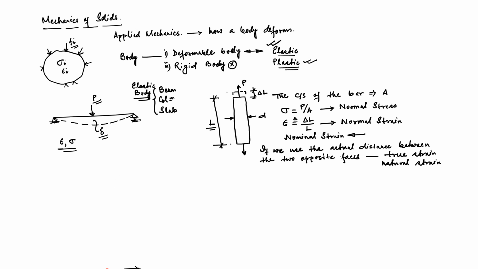So, obviously, what we have in this case is stress developed inside the body due to the action of this force. Now, in this example we have tensile force, we can have compressive force as well.